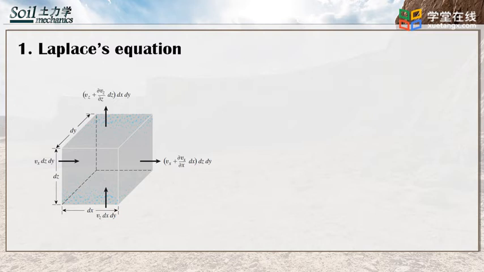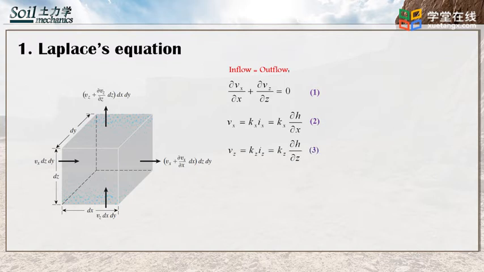Vx and Vz can be expressed as equation 2 and equation 3 respectively. Then we substitute equations 2 and 3 into equation 1. Equation 4 will be obtained, which is used to analyze the flow in two-dimensional problems.